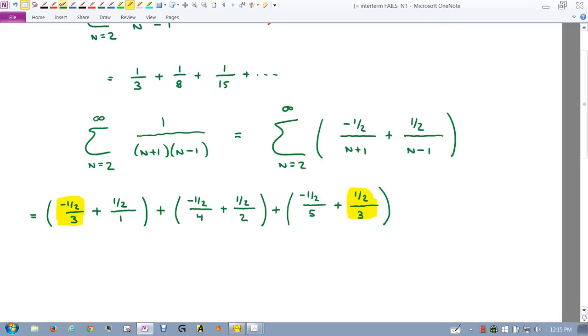I'm going to write another piece over here to see if it continues this way. Negative 1/2 over 6 plus 1/2 over 4. Okay, we just said first ones require you to have something to the right of it. Second ones require you to have something in front of it. So this second one should get killed off by something in front of it, does it?